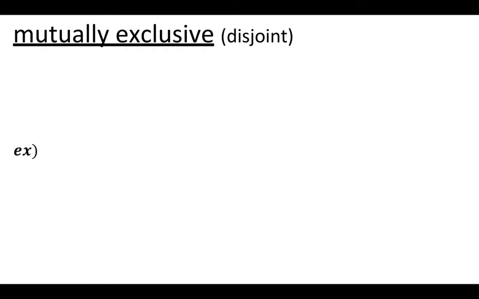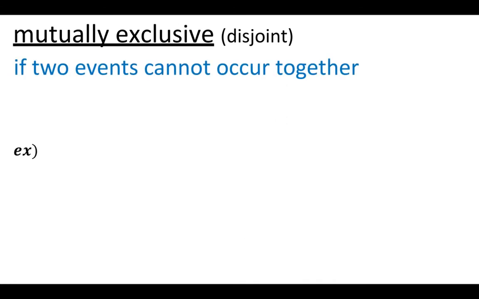Now there is a scenario, something that we're going to call mutually exclusive or disjoint. And this is actually an easier scenario because in this case, two events cannot occur together. So for instance, what is the probability that it's going to rain today or not rain?